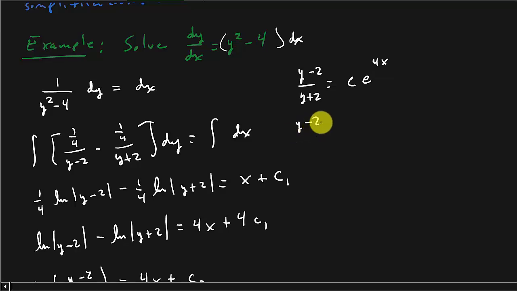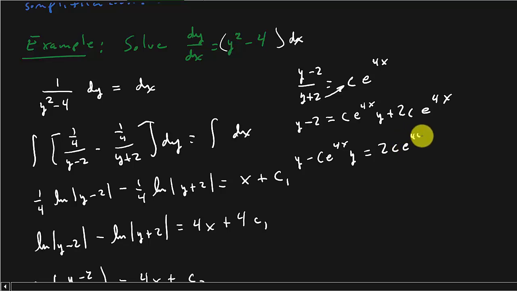So I get y minus 2 equals ce to the 4x y plus 2c e to the 4x. I multiplied this up here and I just distributed it to each term. And so now I've got y minus ce to the 4x y is equal to 2c e to the 4x plus 2. So everything with a y came to one side, everything that didn't have a y went to the other side.